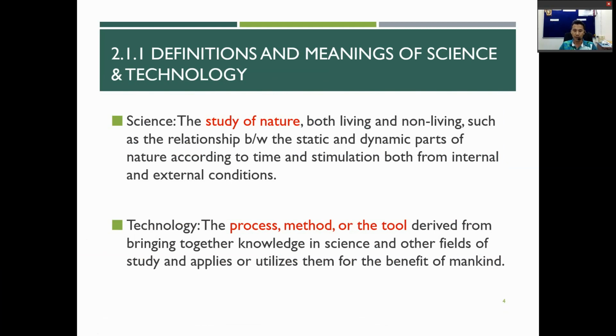These two words, from time to time, people use one to replace the other, but actually the meanings are different, because science is the study of nature, either living or non-living, such as the relationship between the static, not changing, and the dynamic, which is changing from time to time, and this is a part of nature according to the time and stimulation, both from internal and external conditions. So basically it's just the study of nature, trying to understand what's going on in nature. That is the meaning of science.